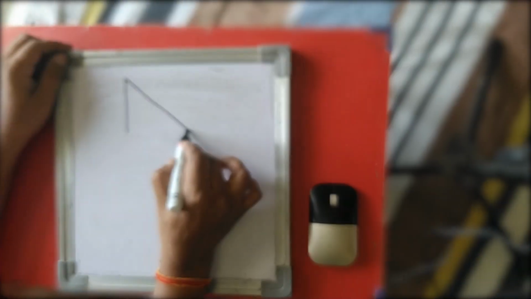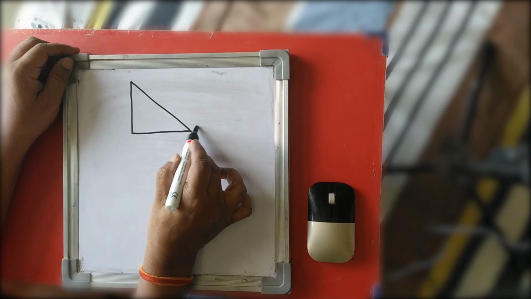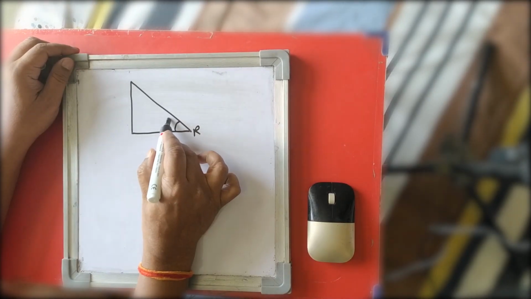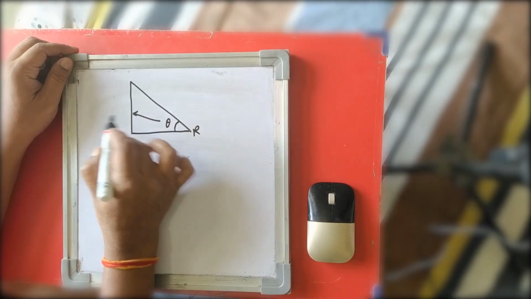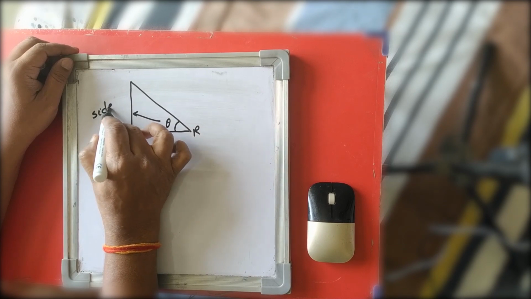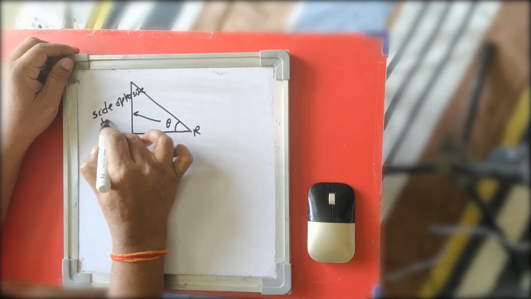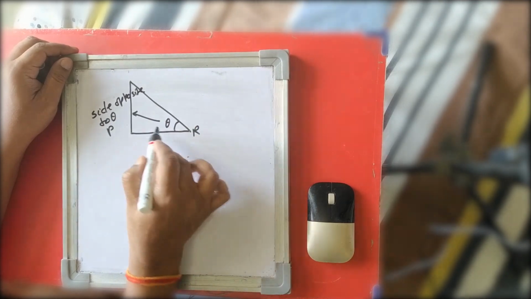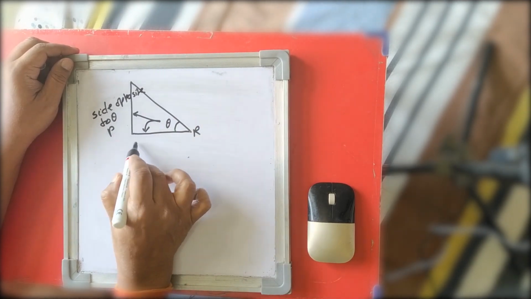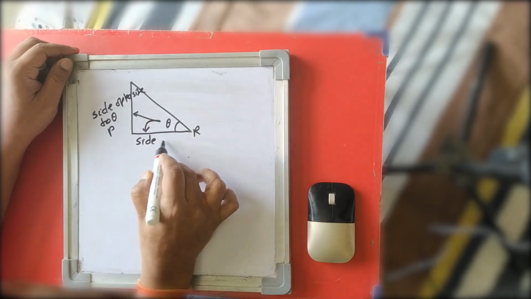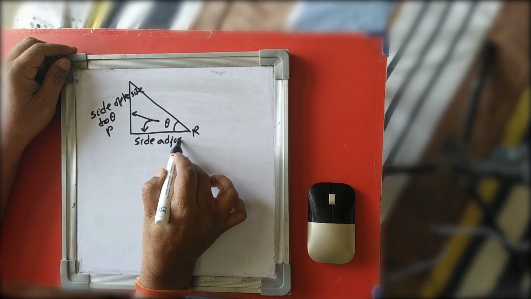So if my angle R is considered as theta, then the side opposite to theta is considered as perpendicular, and the side adjacent to theta is considered as base.